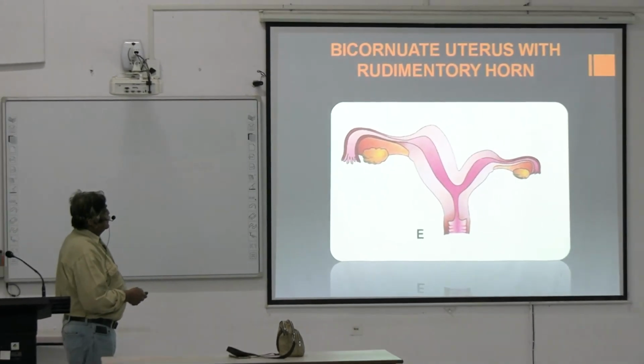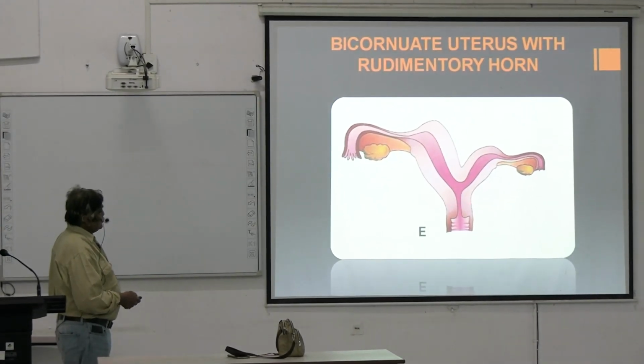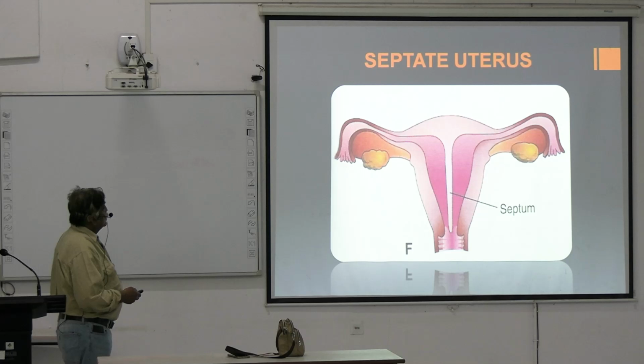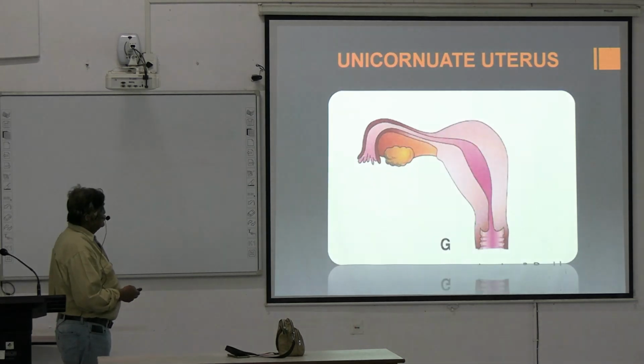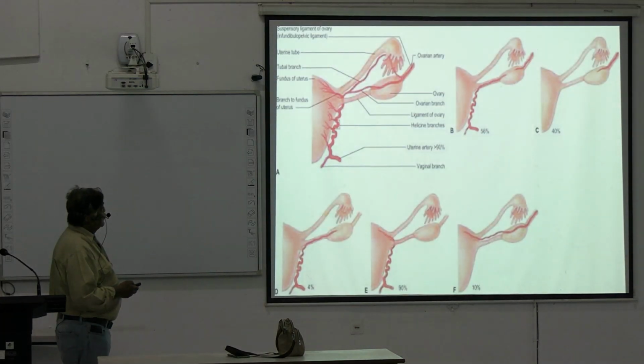See, rudimentary horn. Now septate uterus, this is the septum dividing the uterine cavity. Now unicornuate uterus, now this is the uterine arteries.